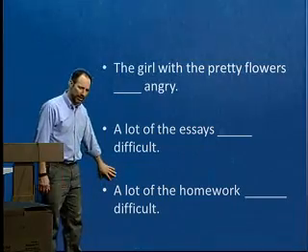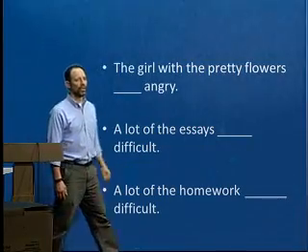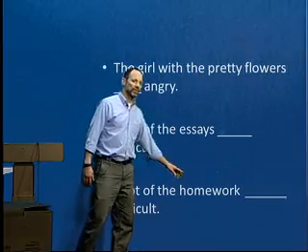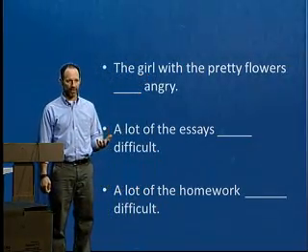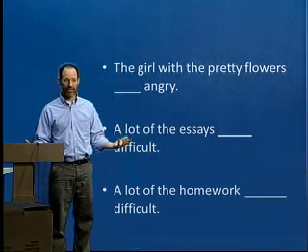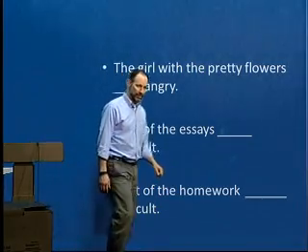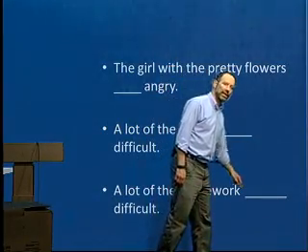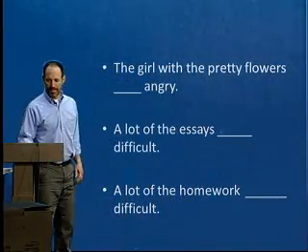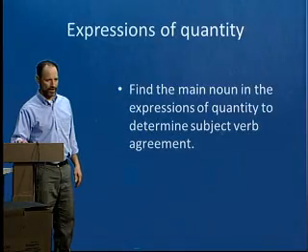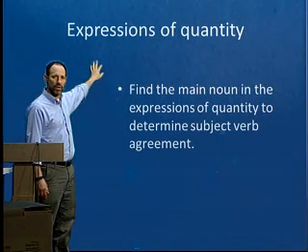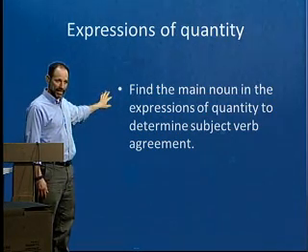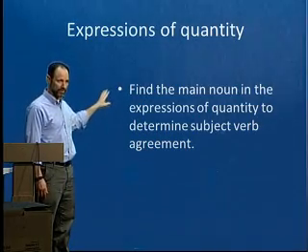And down here, a lot of the homework, the main word is homework. Homework is a non-count noun, so it acts as a singular noun. So in this sentence, the verb be would be is. So just to review that rule, with an expression of quantity, find the main noun in the expressions of quantity to determine the subject-verb agreement.